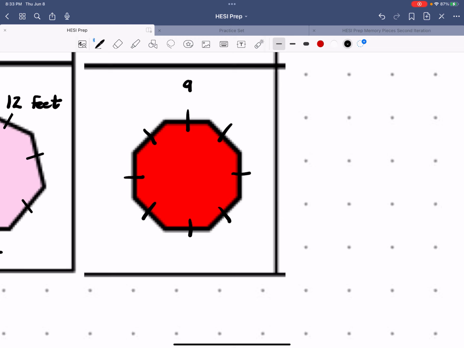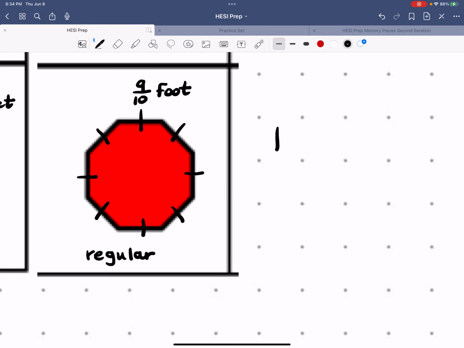Let's say that this is 9/10 of a foot. It is regular, so we can use the shortcut. An octagon has 8 sides, so the perimeter is 8 times the side.